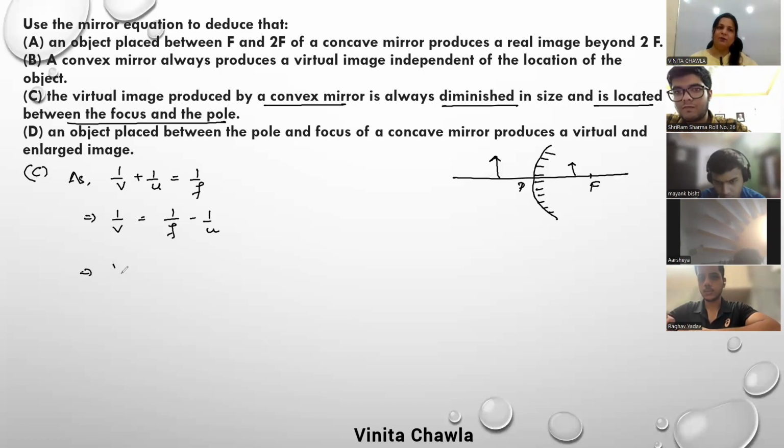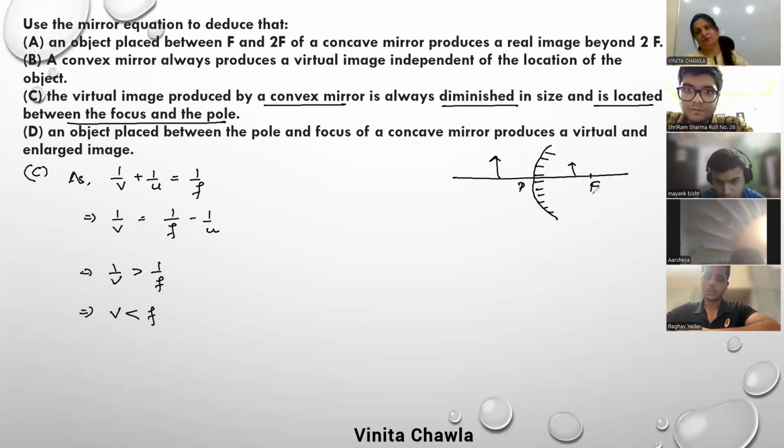It indicates that 1 upon V is greater than 1 upon F, because we are subtracting 1 upon U from 1 upon F to get 1 upon V. Taking the reciprocal, we change the sign, so V is less than the focal length. So the image distance is always less than the focal length, meaning the image is formed between pole and focus. Write this.